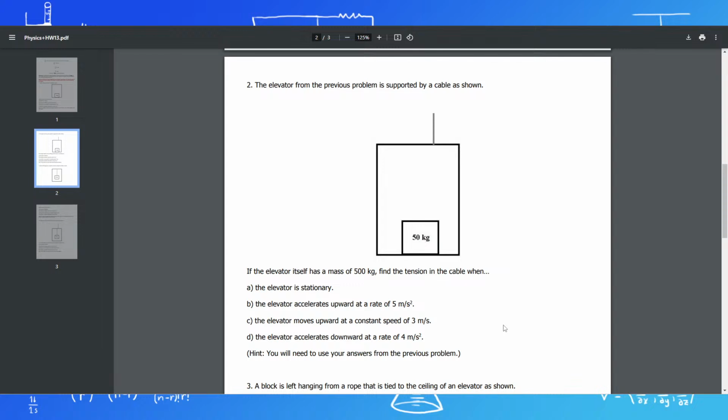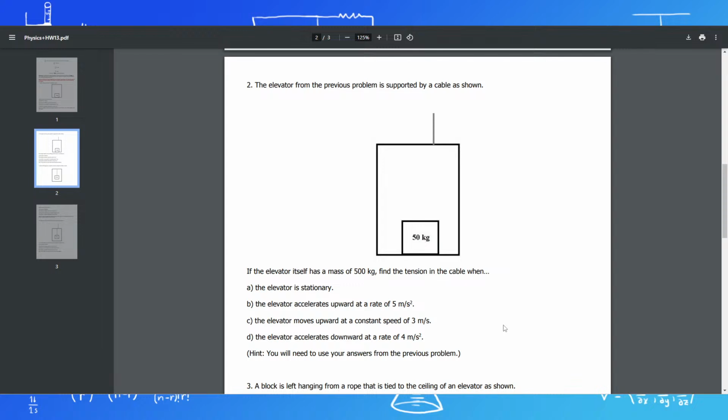By Newton's third law, the magnitude of this normal force will be equal to the normal force that the elevator exerted upward on the block in each of our 4 scenarios.